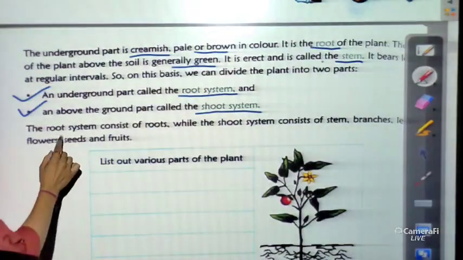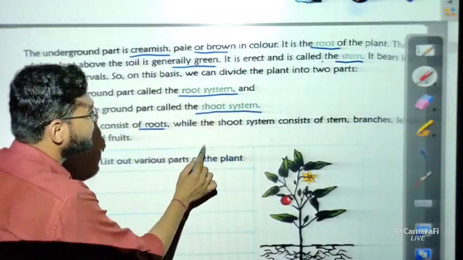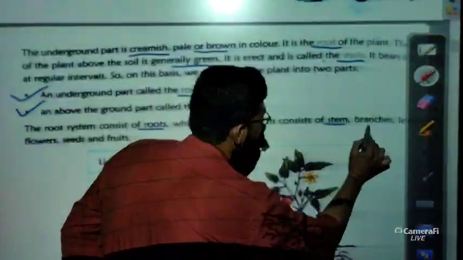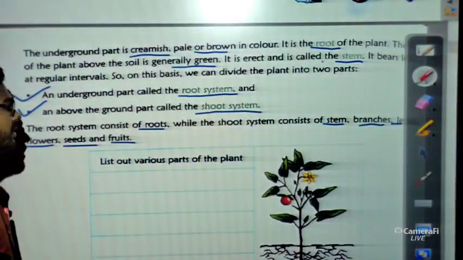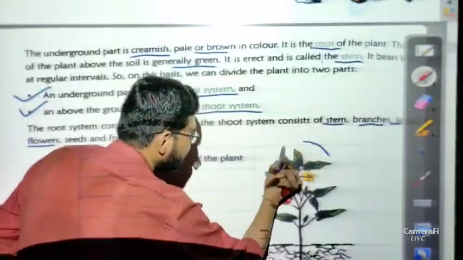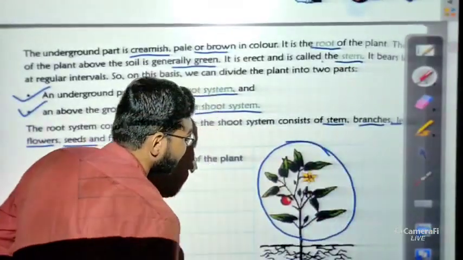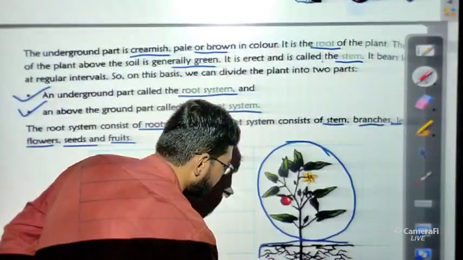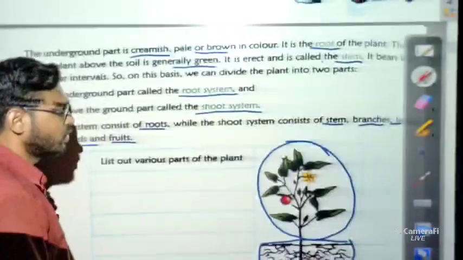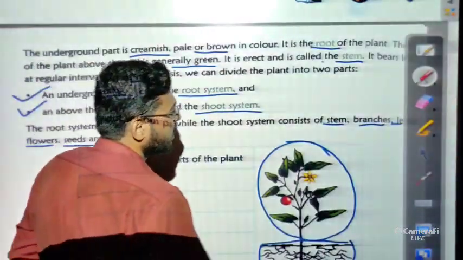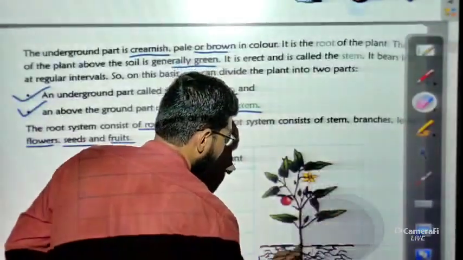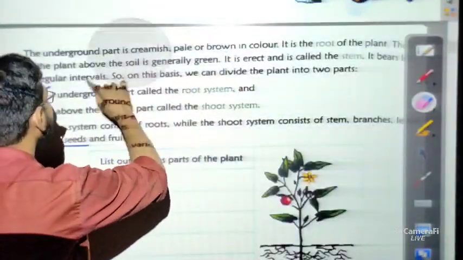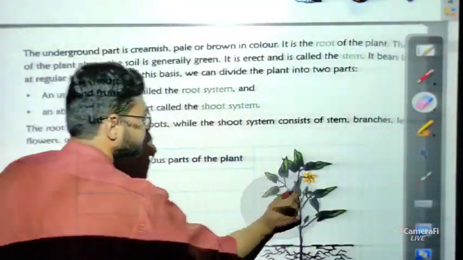The root system consists of roots, while the shoot system consists of stem, branches, leaves, flowers, seeds and fruits. So this part we call the shoot system and this underground part we call the root system. Clear? Let me rub all this, then we will discuss one by one, the root system and the shoot system.